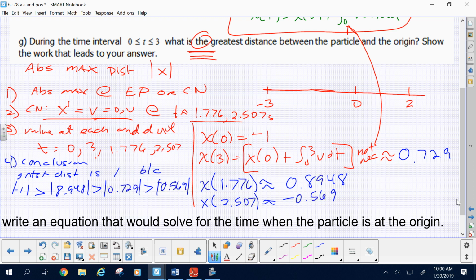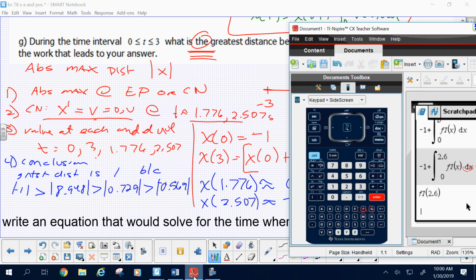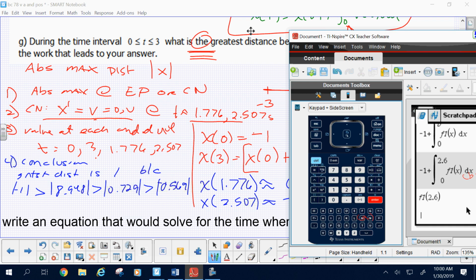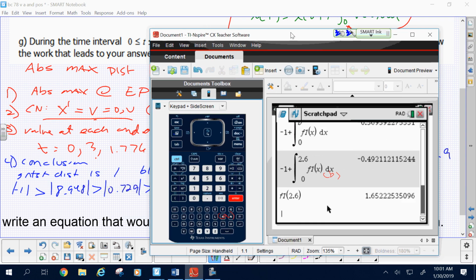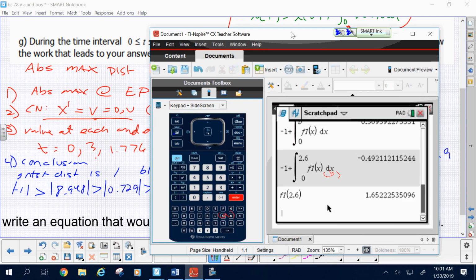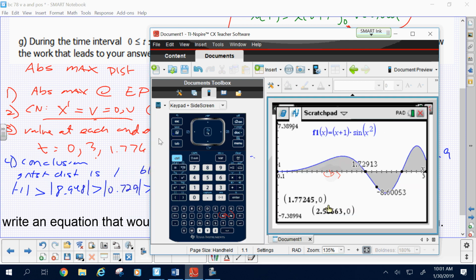So we know that up to, what's that time? 1.772, it's moving left.